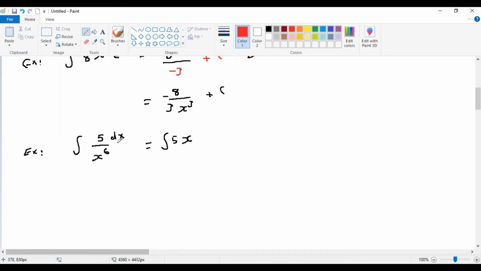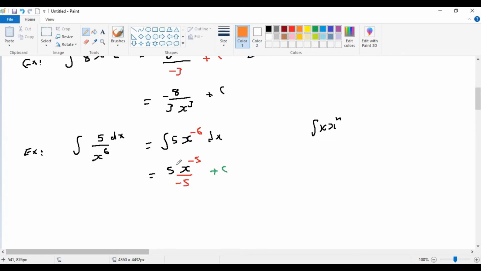If I write this up, the power 6 becomes negative 6. So the integral of 5 over x to the 6 is first written as k x to the n, with dx. Now the rule is k x to the power n plus 1, so negative 6 plus 1 is negative 5, over negative 5, plus constant.